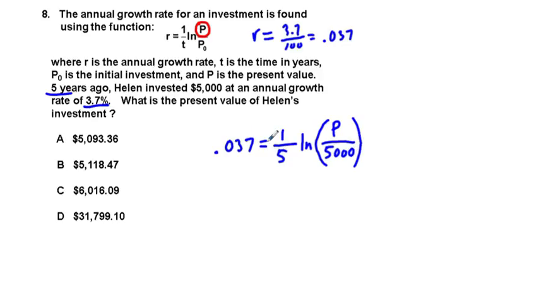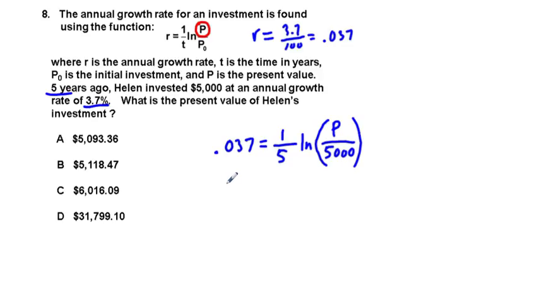So we could multiply by 5, take the exponential of the natural logarithm, and eventually solve for p.